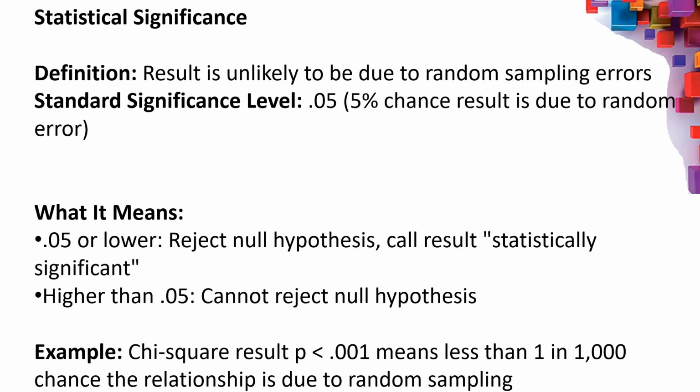If the probability is 0.05 or lower, they reject the null hypothesis and call the result statistically significant. A p-value less than 0.001 is very strong evidence against the null hypothesis.